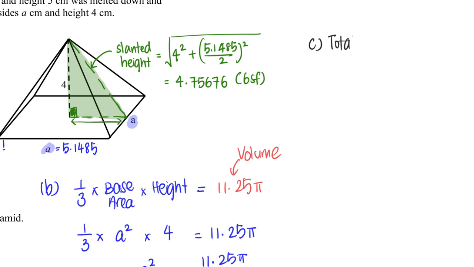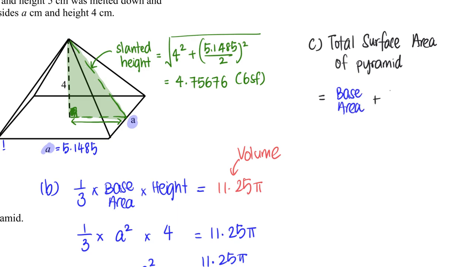Because the total surface area of this pyramid would then be equals to the base area, which is the square, plus the 4 triangular faces.